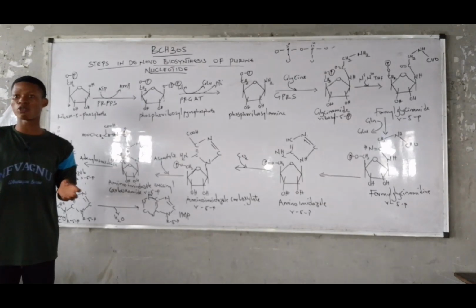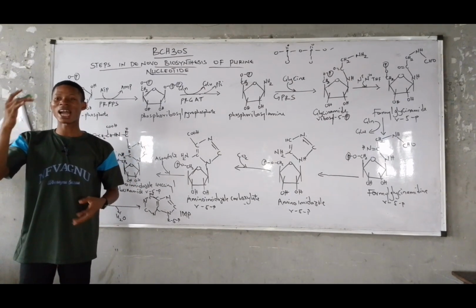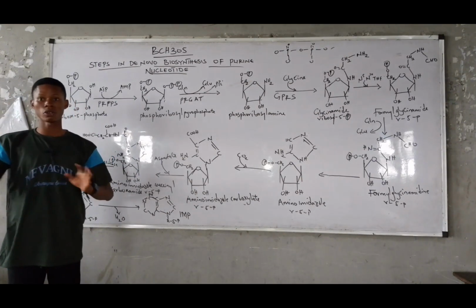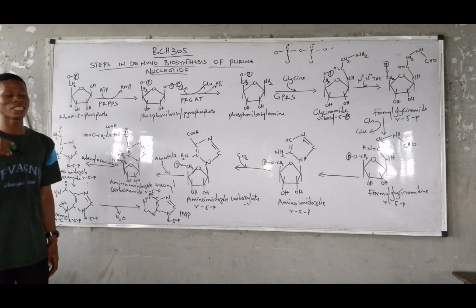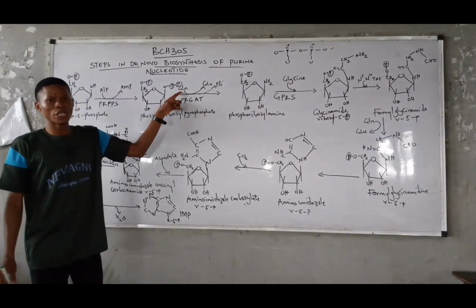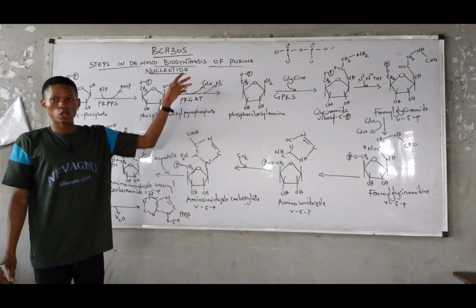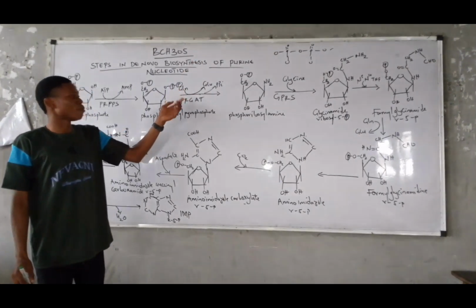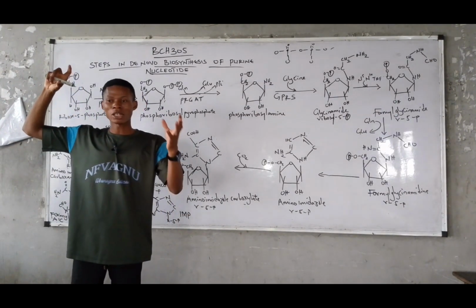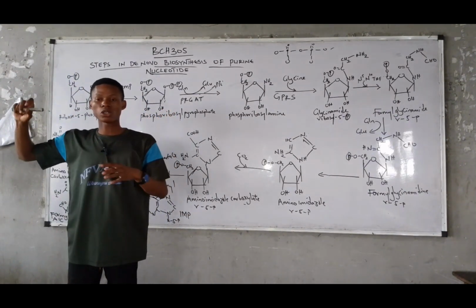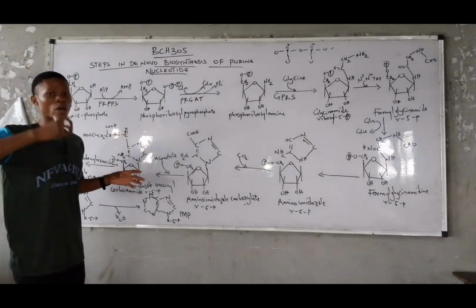Activation of ribose phosphate to what? Phosphoribosyl pyrophosphate. Please, when I ask, say it out because you must get it in your head before you leave here. Phosphoribosyl pyrophosphate. Good. Now, the next thing is glutamine coming in and leaving as glutamate, right? Remember, glutamine was donating nitrogen 3 and nitrogen 9. So we are producing 1 nitrogen now.